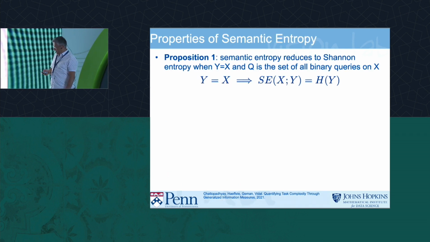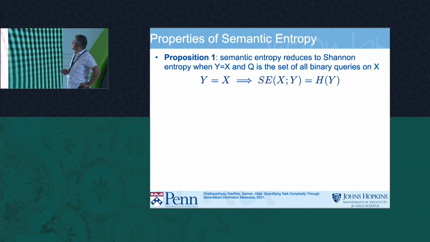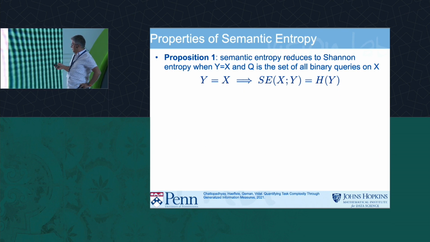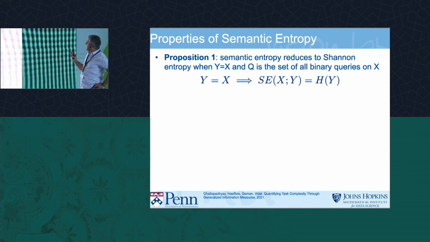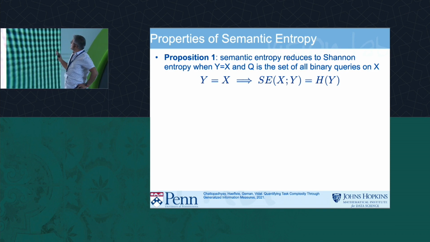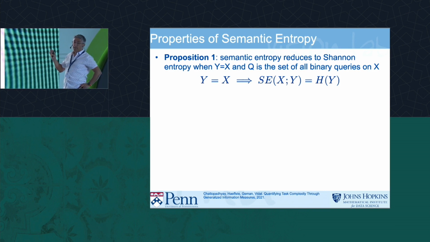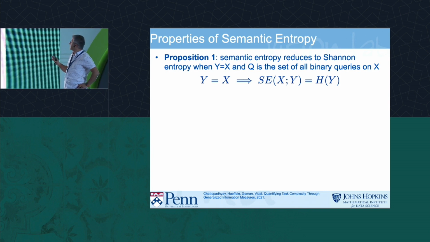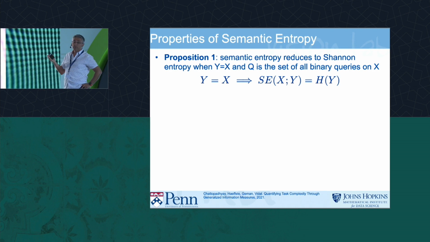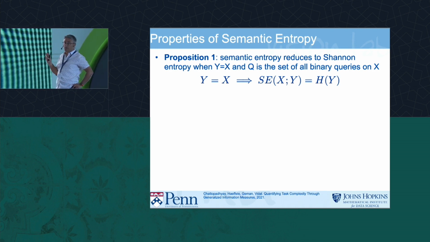Well, before I do that, there are a few theoretical properties of this method. First, what is this notion of semantic entropy between x and y? In some particular cases, it reduces to classical notions you're aware of. If what you're trying to predict, y, is the same as x, namely you have a reconstruction task, and you're allowed to ask any possible binary question about x, then semantic entropy reduces to classical Shannon entropy.